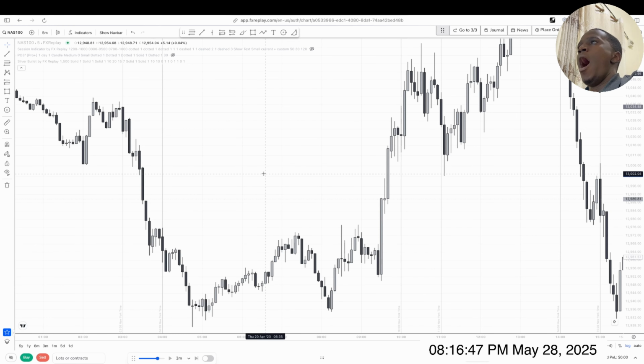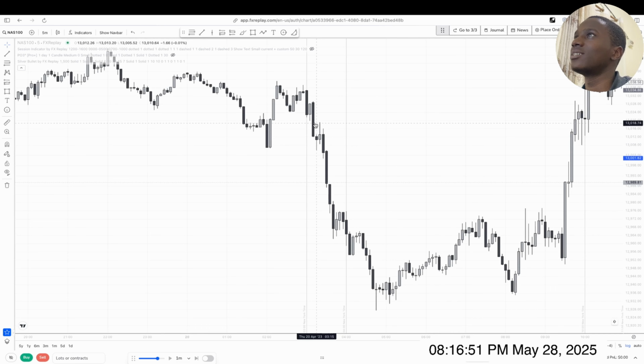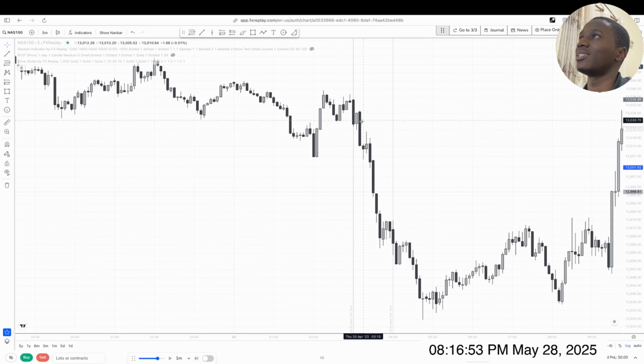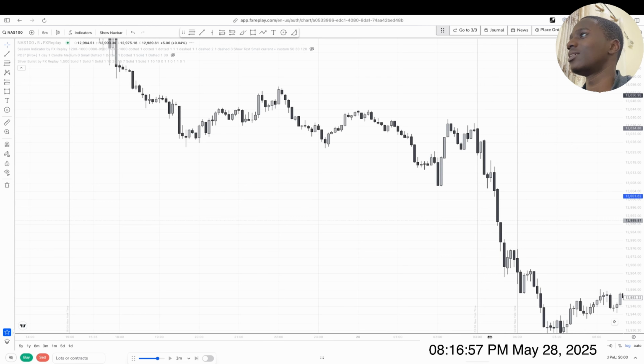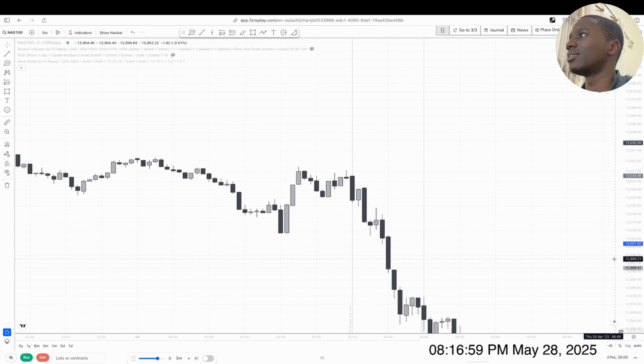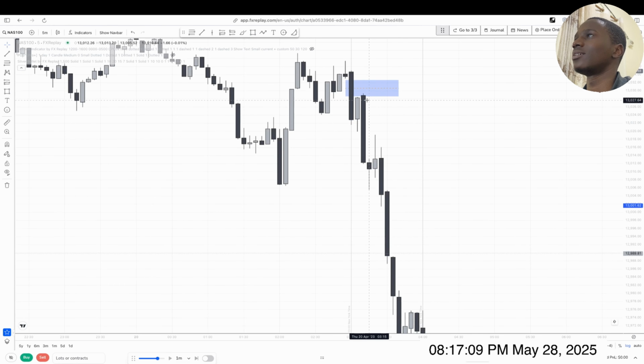And in the morning, you can see this was really nice price delivery here. You can see that we had some kind of gap here. You see it? We tested it and then we drop.